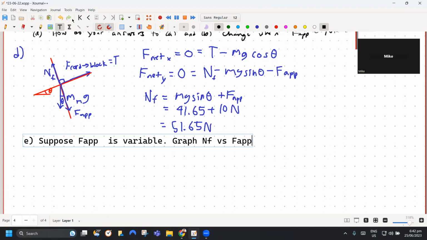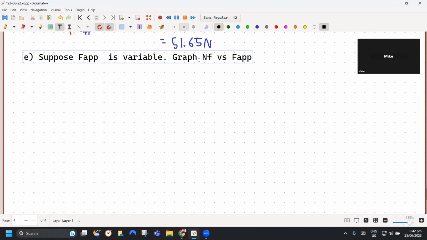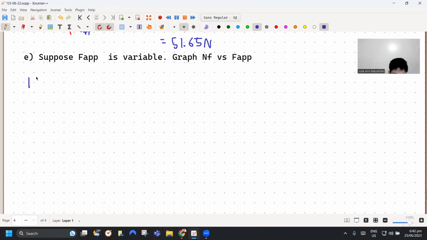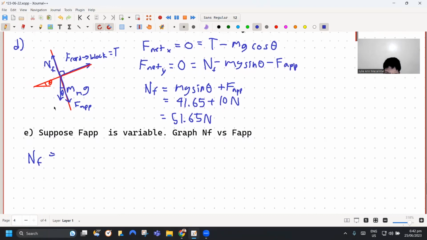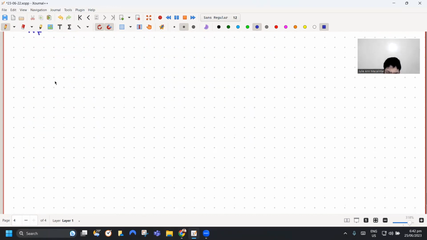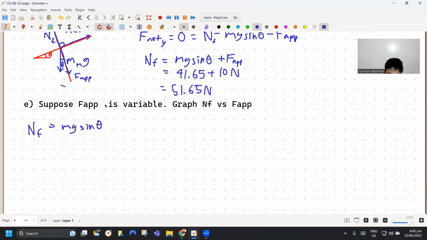So to be able to graph, you have to set up an equation for the normal force. Normal force. Oh, yun na pala. mg sin theta.